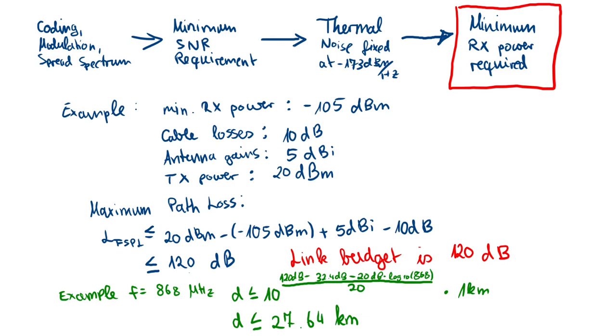In the last lectures you have learned about coding, modulation, spectrum, and I always told you that depending on the parameters chosen for coding, spectrum, multiple access and modulation, you have minimum signal to noise ratio requirements.